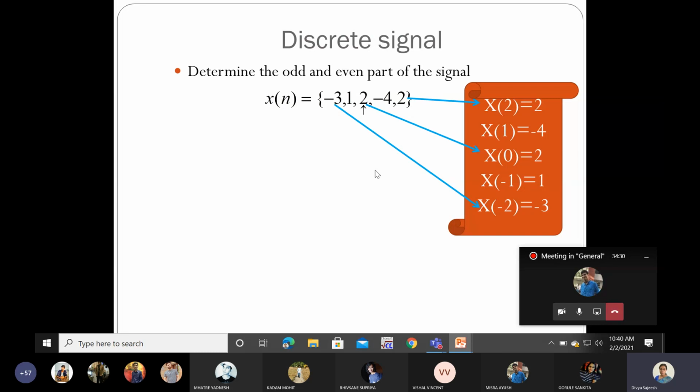It indicates that is the origin, the sample at x of 0. That arrow indicates it is the origin of the signal. So x of 0 equal to 2, and to the right hand side x of 1 is equal to -4, and x of 2 equal to 2, and to the left hand side of that we have x of -1, which is 1, and x of -2, which is equal to -3.